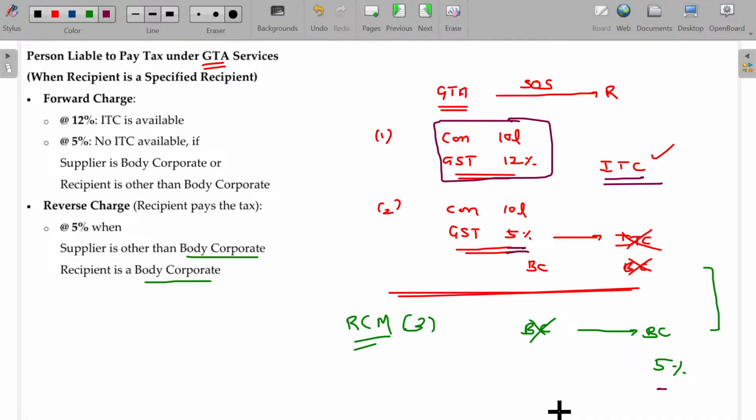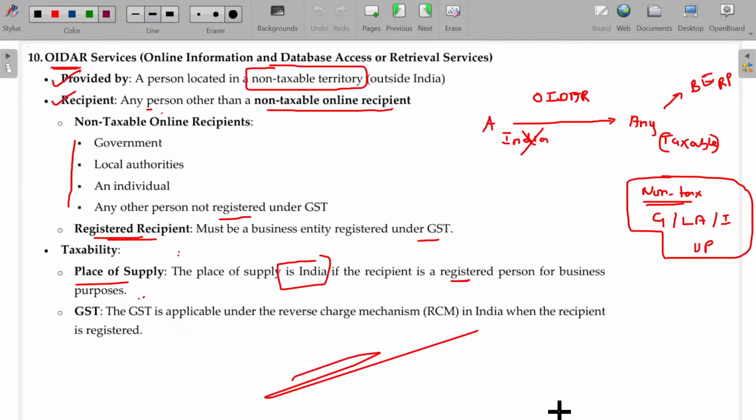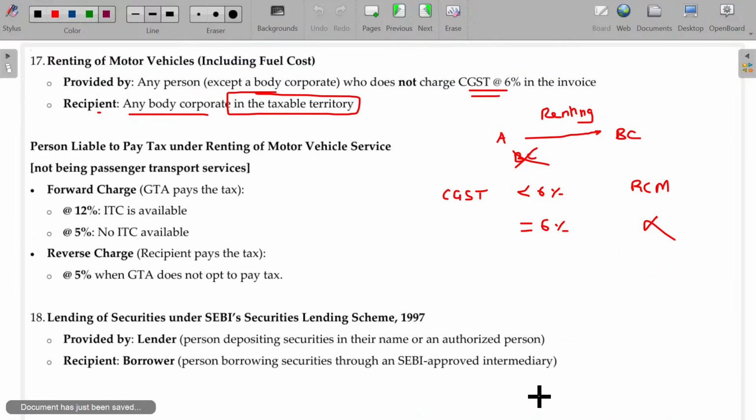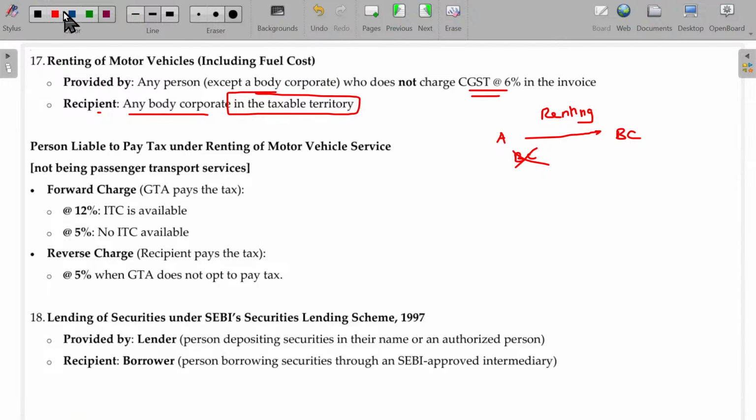The same happens in case of renting of motor vehicles. Clear? Now, here, renting of motor vehicles, along with the fuel, you have to rent it out. The tariff that you recover is inclusive of fuel cost. It will not be charged separately.